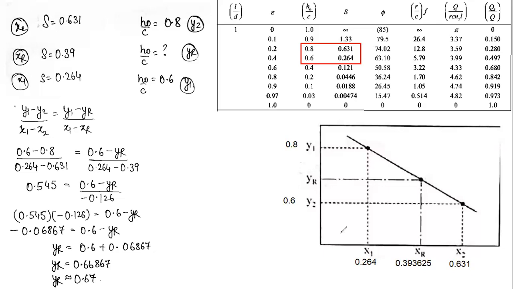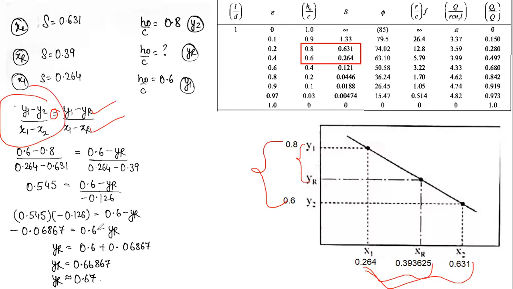Interpolation formula: (Y1 minus YR) divided by (X1 minus XR) equals (Y1 minus Y2) divided by (X1 minus X2).